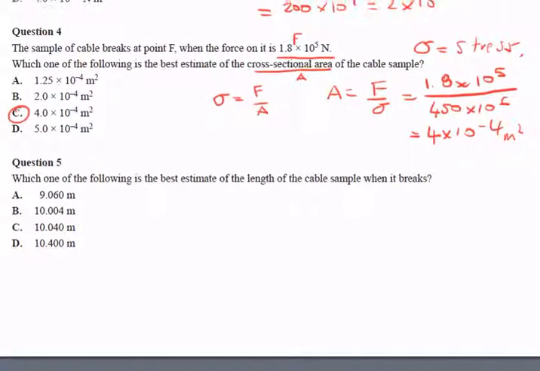Right, which of the following is the best estimate of the length of the cable in the sample when it breaks? So when we start thinking of doing calculations on length, what I start thinking of is we've got to use strain. Strain equals change in length over original length. That's strain, this is original length.